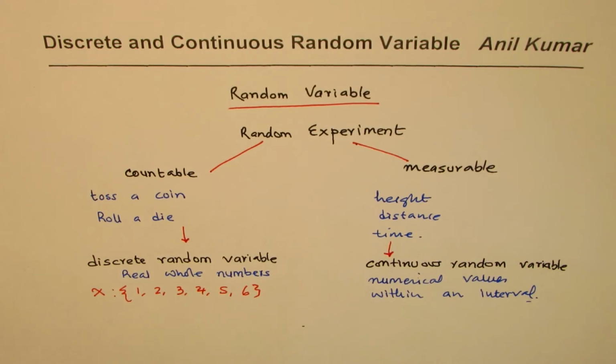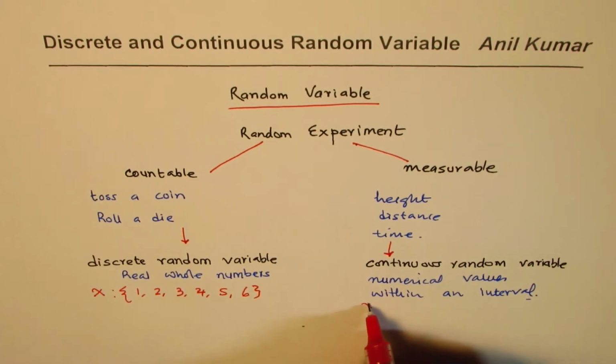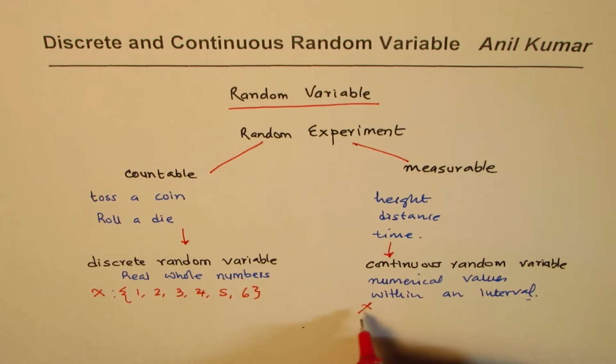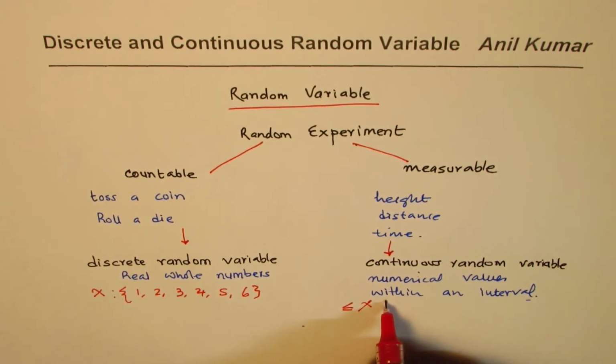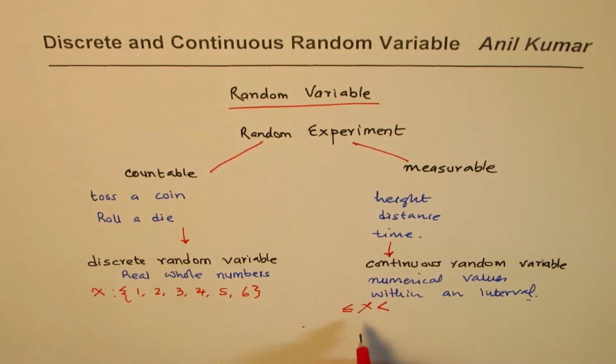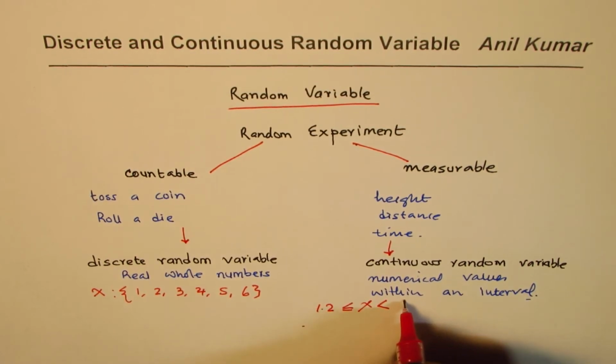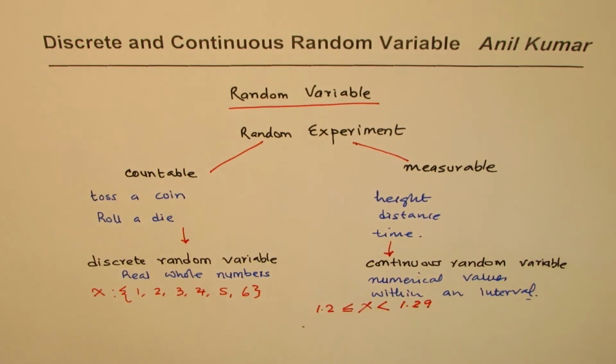And if we are measuring height, we may be interested in finding the height of persons whose height is between an interval, so a value in between two values, let's say 1.2 and 1.29, for example.